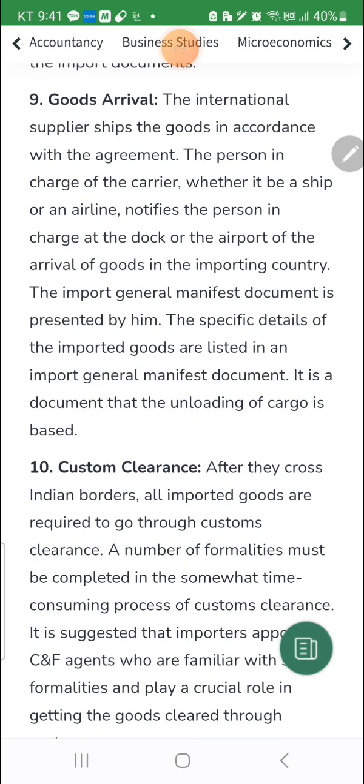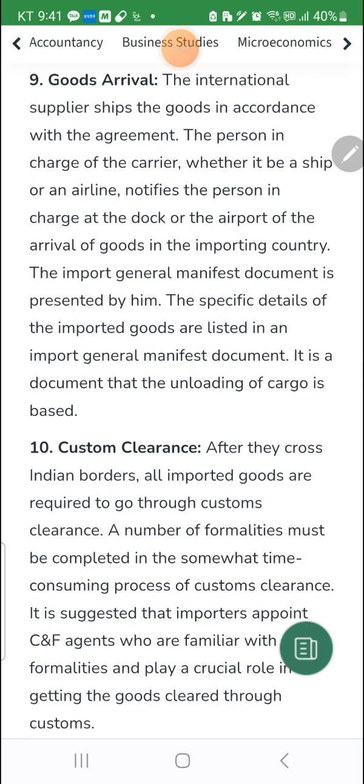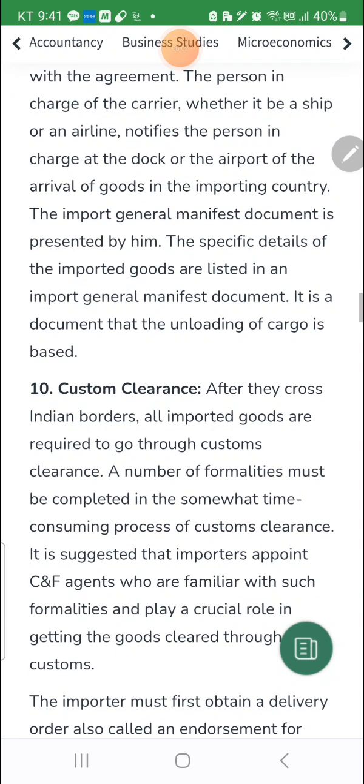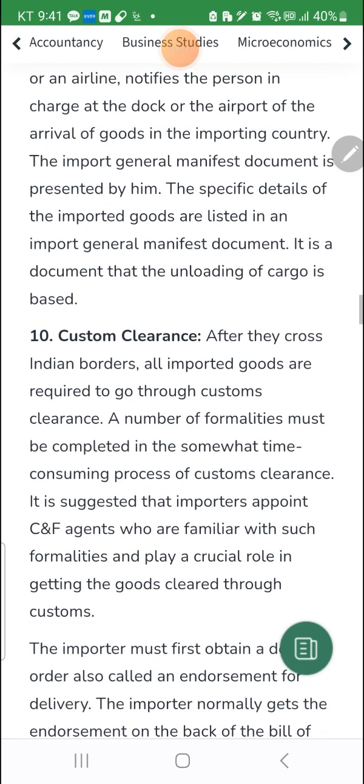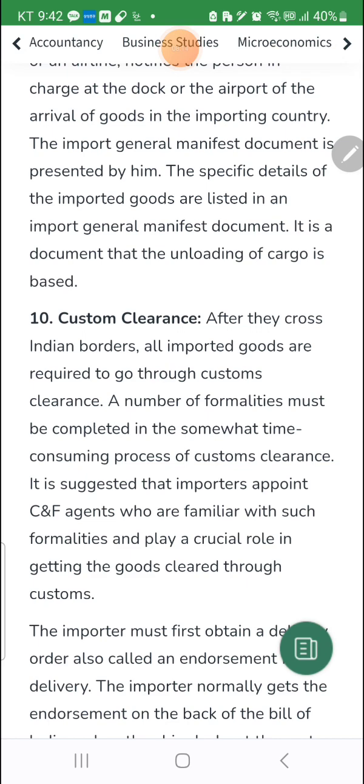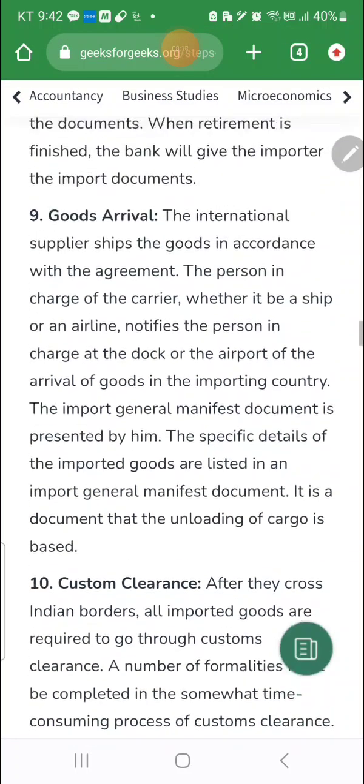The import general manifest document is presented by him. The specific details of the imported goods are listed in an import general manifest document. It is a document on which the unloading of cargo is based.